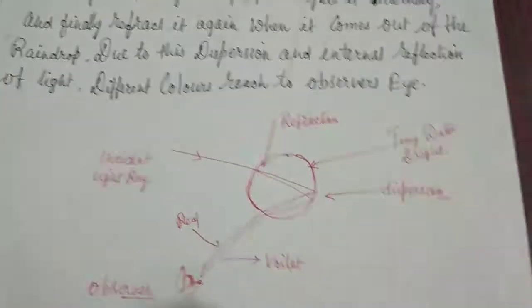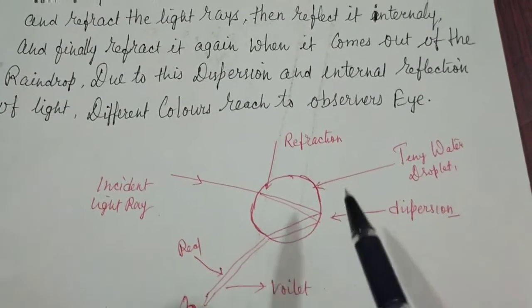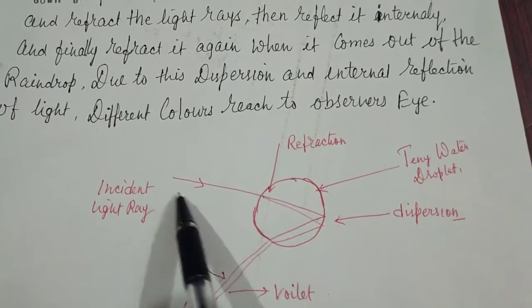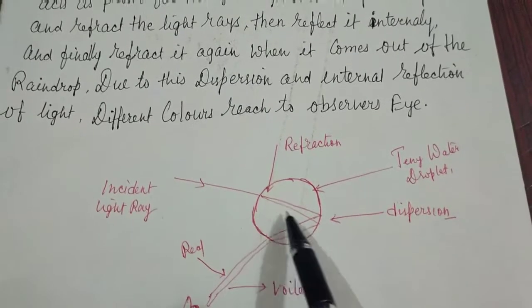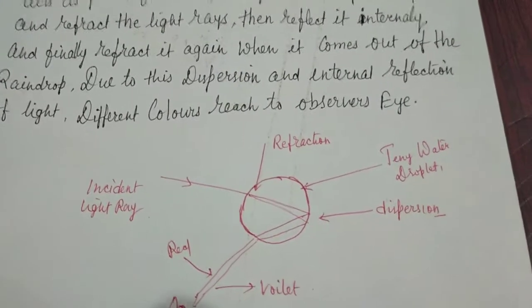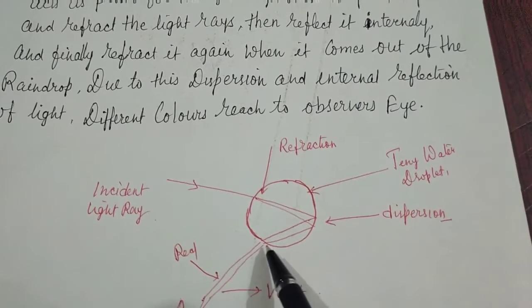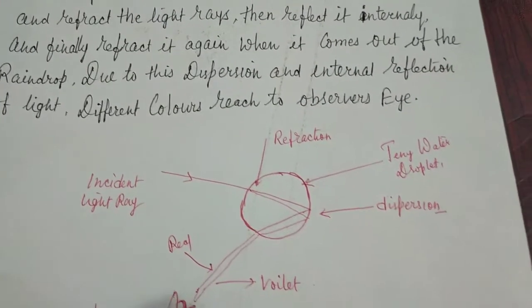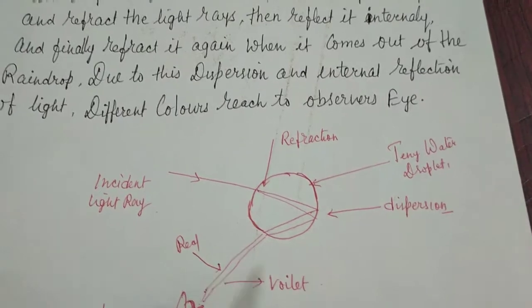See in this diagram, I have drawn a diagram. This is a water droplet. When light falls on that droplet, what happens? First it refracts, then is dispersed, and then total internal reflection takes place. Again it refracts and reaches the observer's eye. Then we get a band of colors.